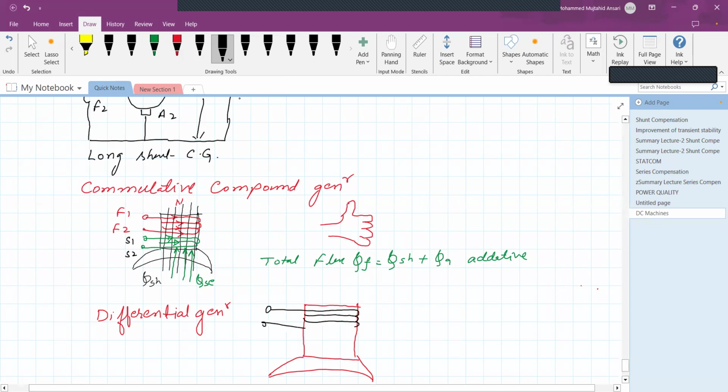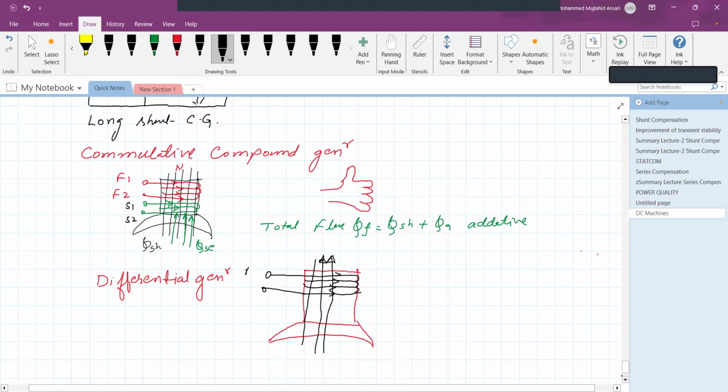This is the direction of current. If you hold this, the flux created by this current is in this direction, and this is called the shunt field current. The shunt field flux, F1, F2, is phi SH, isn't it?